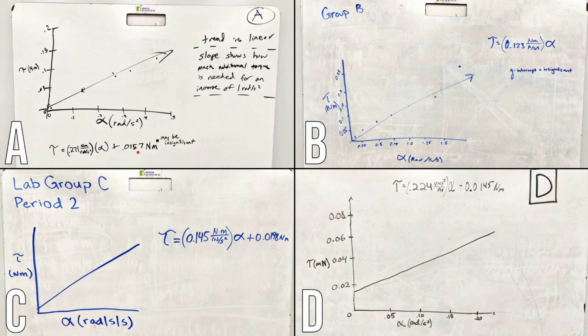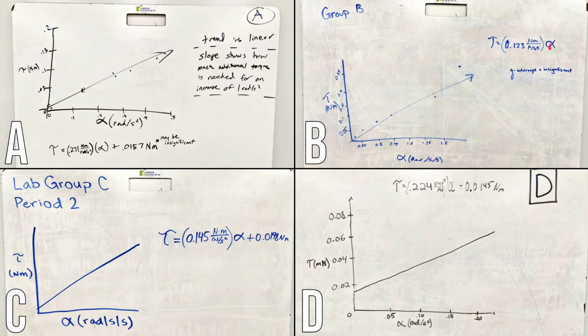Well, let's think about the slope value now. We have slope values as high as 0.271 and as low as 0.123. And let's think about the implications of what it means for there to be a higher number multiplied by angular acceleration. So think about it from this perspective. Let's imagine we plug in an angular acceleration of 1. Let's just make it simple: 1 radian per second squared.